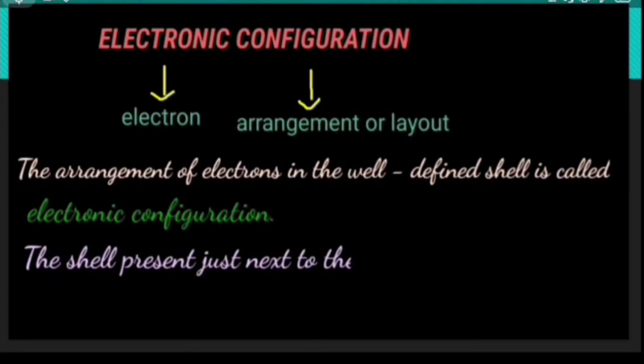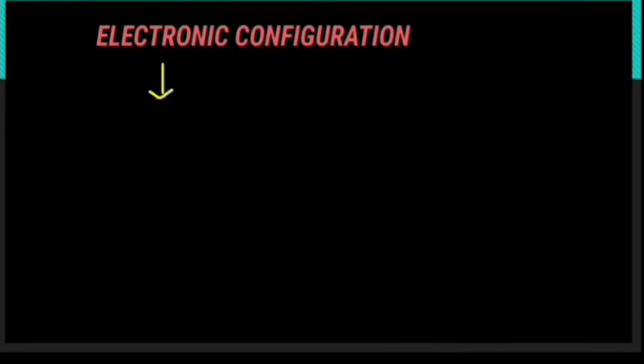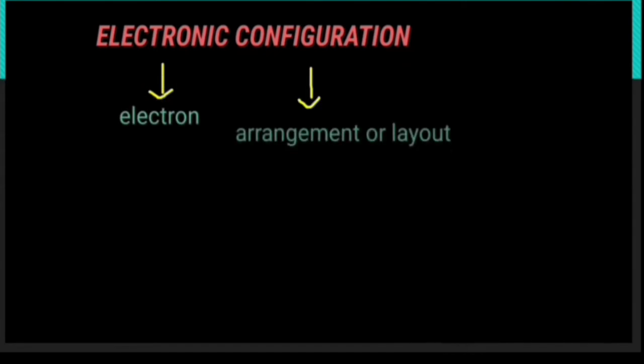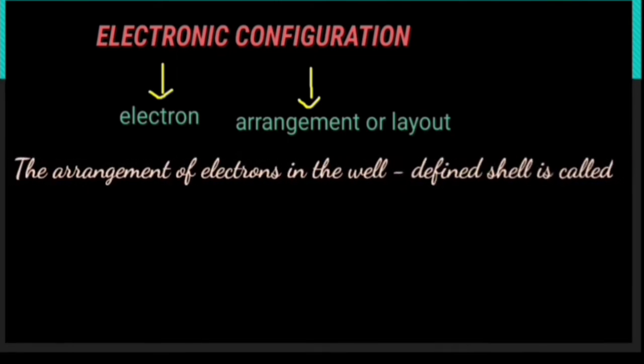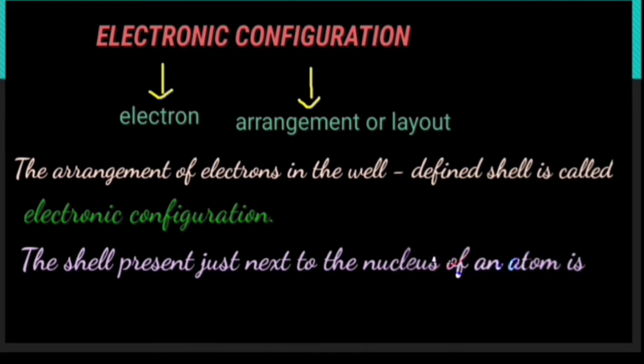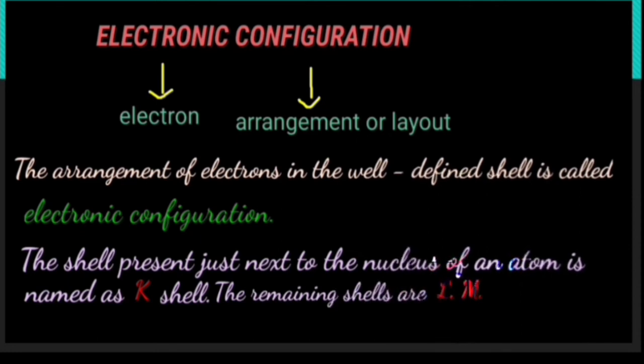Now let's know what an electronic configuration is. The word electronic represents electron related and configuration means arrangement or layout. So it is defined as the arrangement of electrons in the well-defined shells. The shell present just next to the nucleus of an atom is named the K shell, and the remaining shells are L, M, N shells.